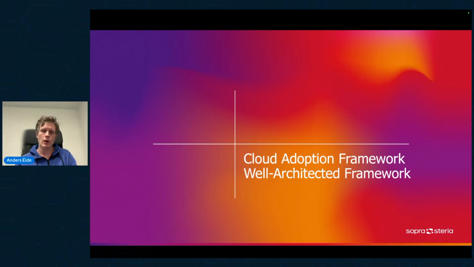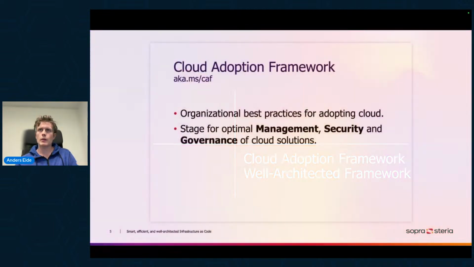Beginning with Cloud Adoption Framework, it is a framework used to make sure that the organization is ready to take on using cloud solutions. It will help you go all the way in defining the strategy for how to use it, planning how to adopt it, making sure that the whole organization is ready to actually start using it, and then also help on how to adopt.